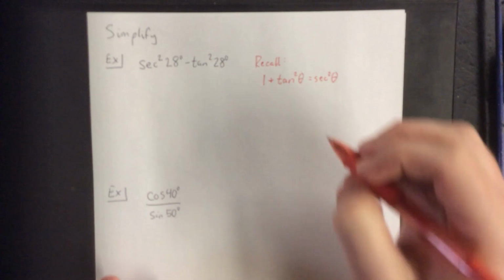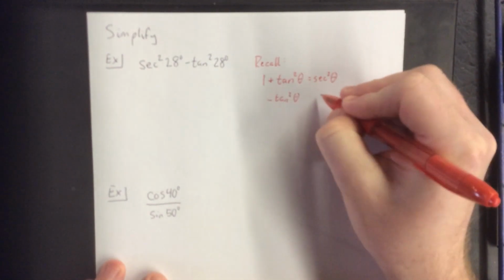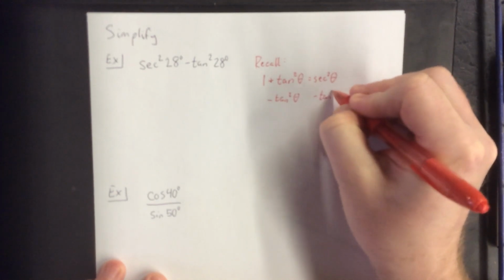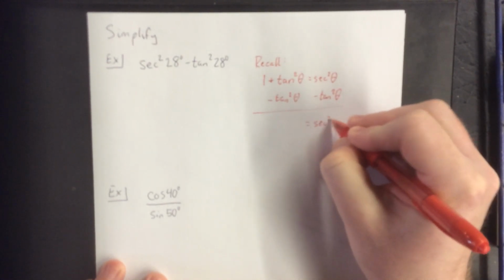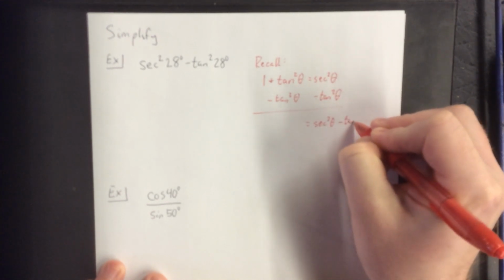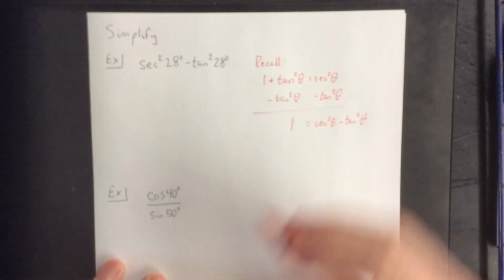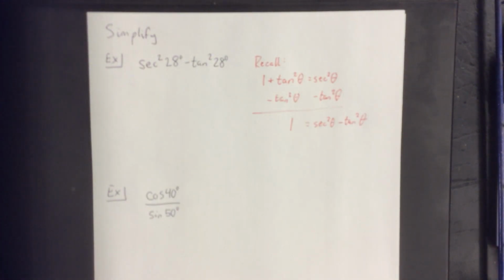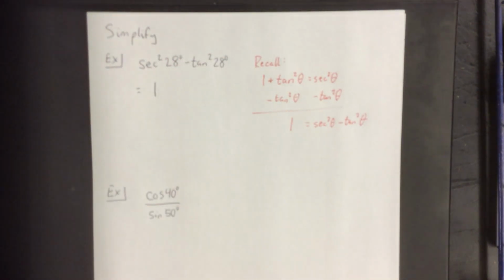Now, if you perform a little algebraic manipulation on this, this also lets you know that if you were to have the secant squared of an angle minus the tangent squared of that angle, what's left on the left-hand side? That would be 1. That would be considered the way to simplify this expression. So we are able to simplify this using only one step, and that is through the use of our Pythagorean identity, or one of our three Pythagorean identities, I suppose.